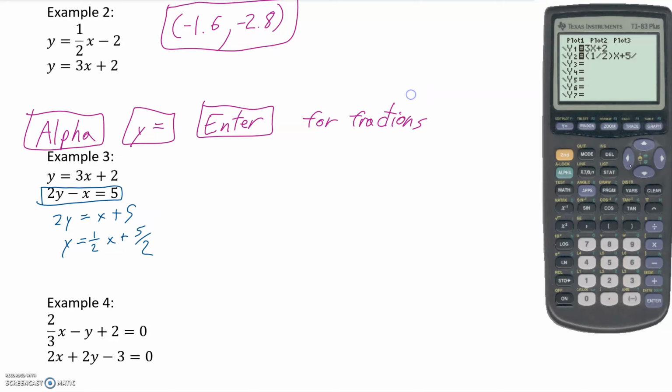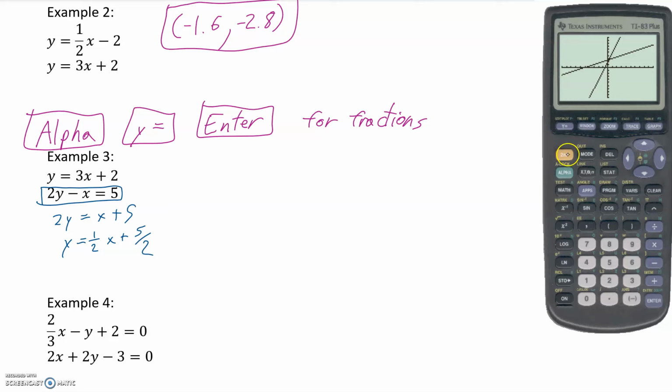Oh, I should do that in brackets. Brackets are not really necessary for that second one, but we'll do brackets anyways, just to get in a good habit there. So there is our second, or our third example in terms of graphing.